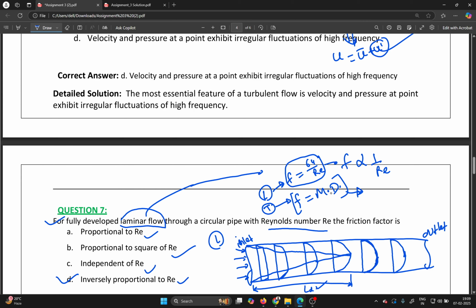But in the meantime you need to go through the development length in case of laminar and in case of turbulent. Here you need to see two formulas and other formulas. You need to look at the Moody diagram. What is the Moody diagram? Basically, the main aim of the Moody diagram is to calculate the friction factor in the pipe in case of turbulent flow.